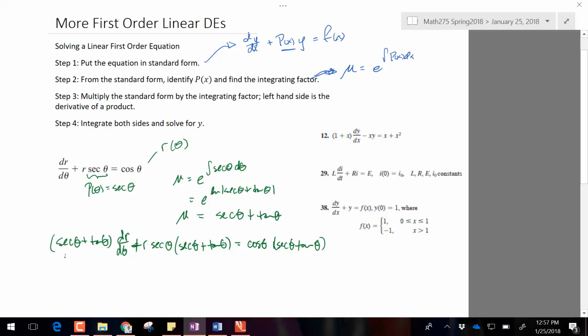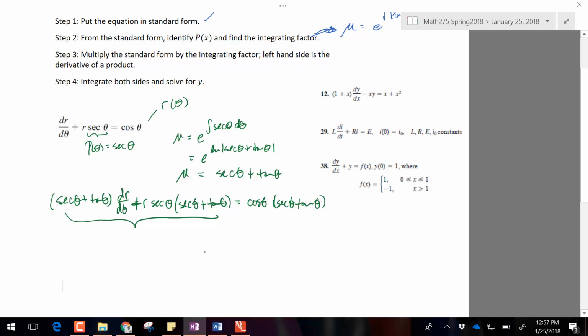And then the whole point in doing this integrating factor is to realize that the left-hand side is actually a product rule of something. And the product that we're looking for is mu, secant theta plus tan theta, times r, or the dependent variable.